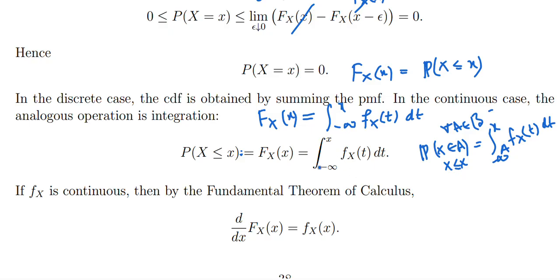If fx is continuous, then by the fundamental theorem of calculus, so I think this is not a definition, this is an equality, I mean, in the sense of an equation.